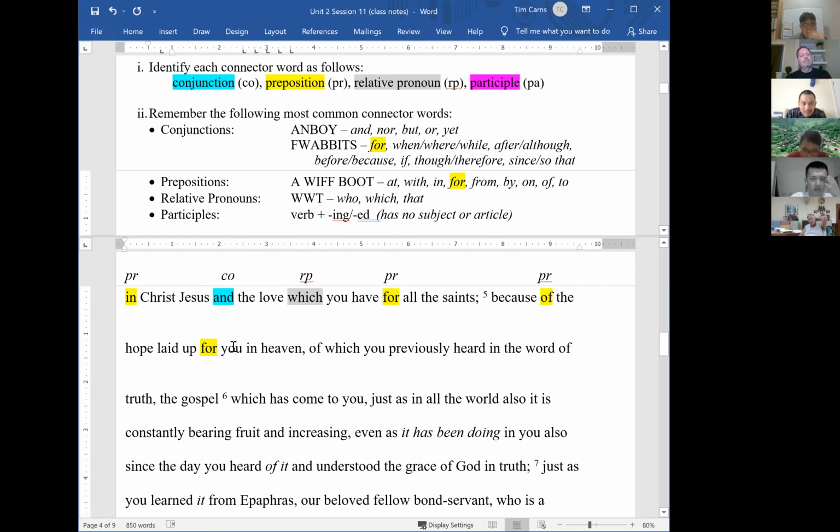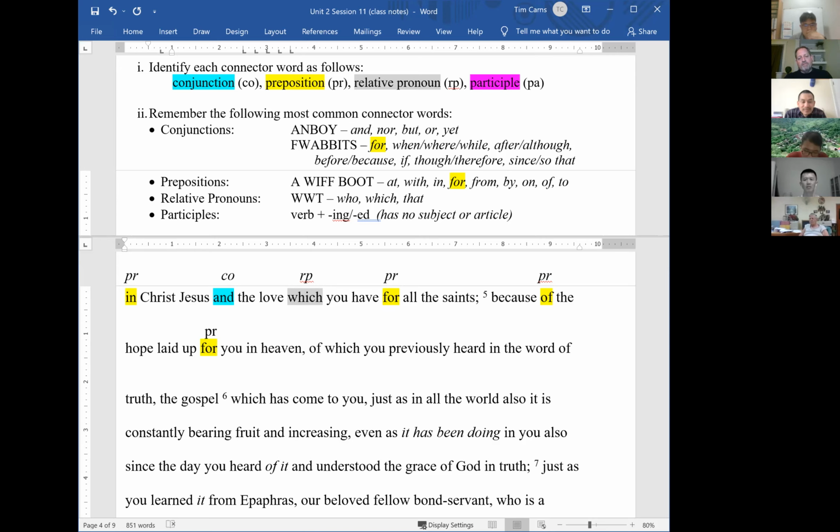It's a noun. Okay, good. So if it's a noun that follows the word here, then it's a preposition. If it had been a verb, again, hope laid up.